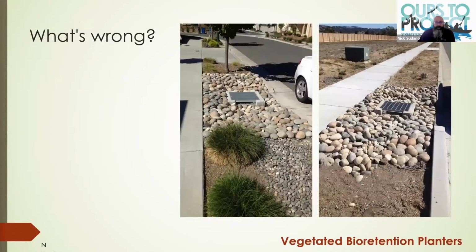I wanted to open this up to see what you see wrong, and for the spirit of time, I'm just going to jam through, but hopefully you're answering this to yourself while we're doing this presentation. This is something we learned from that first manual: we should have vegetation here, but really what we have is a lack of vegetation.